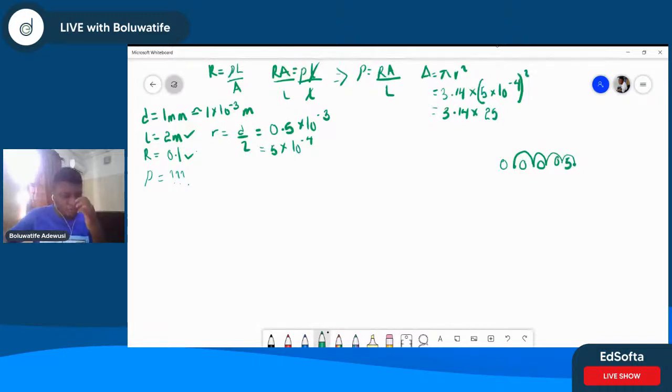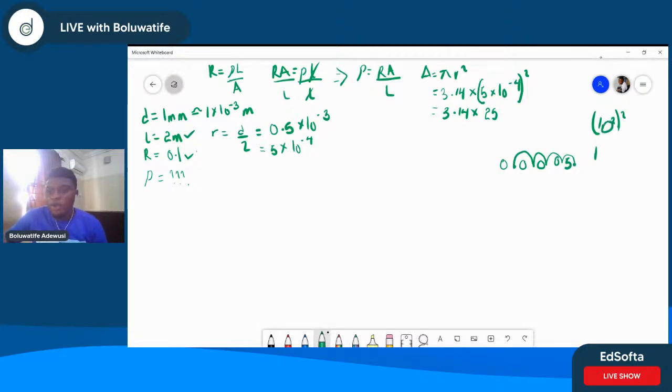Let me show you something. 10 raised to the power 2, squared, is 10 raised to the power 4.